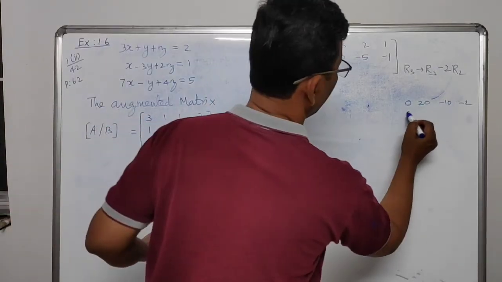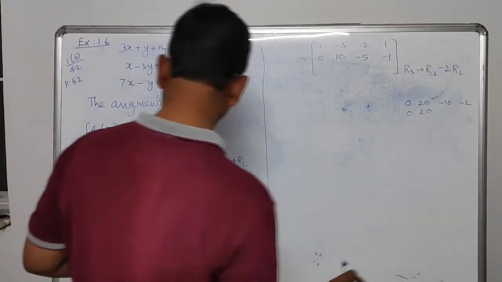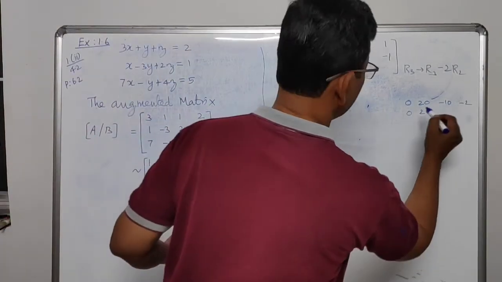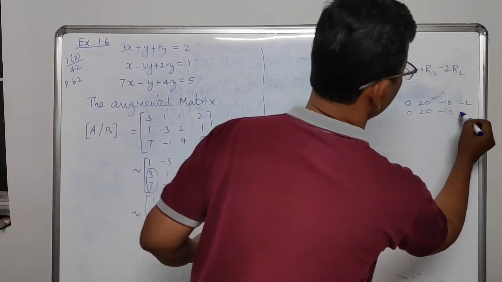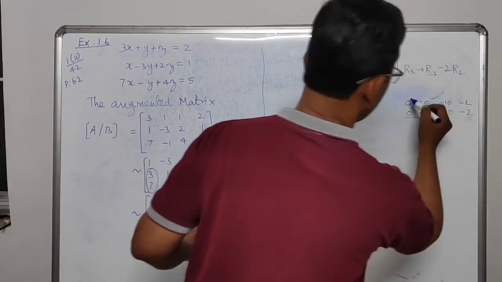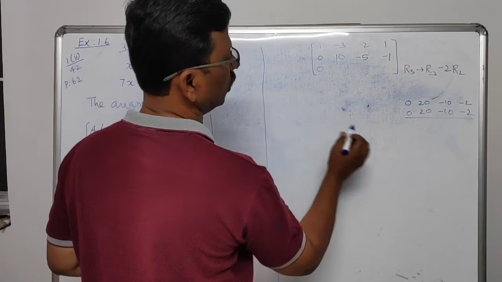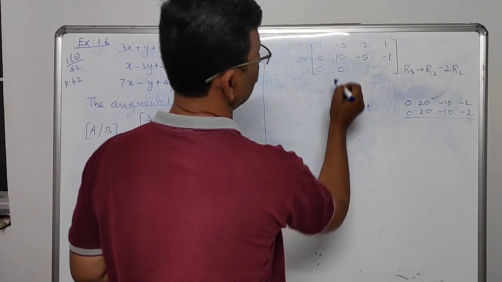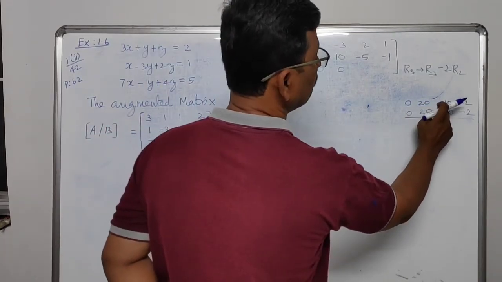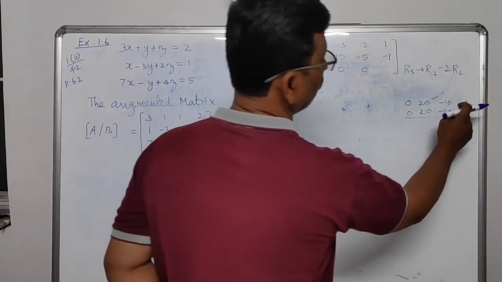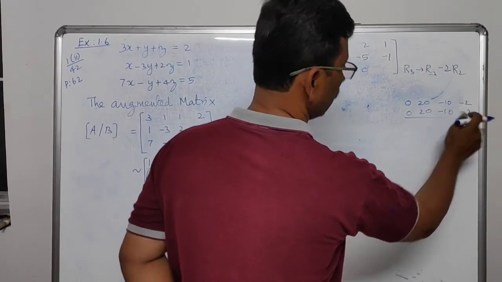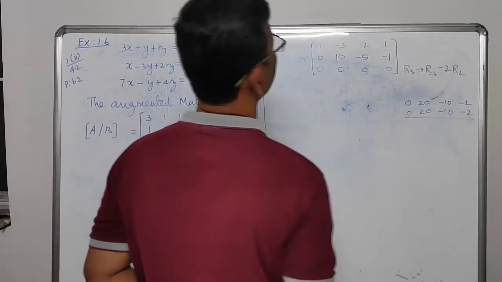That is 0, then 20, then minus 10, then here minus 2. Then if you subtract, 0 minus 0 gives 0, 20 minus 20 is 0, minus 10 plus 10 gives 0, then minus 2 plus 2 gives 0.